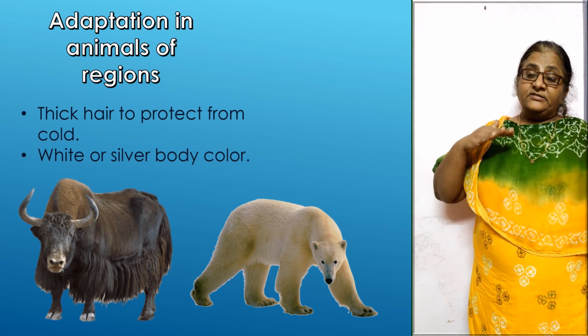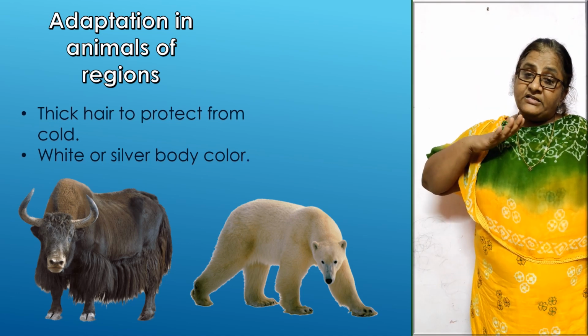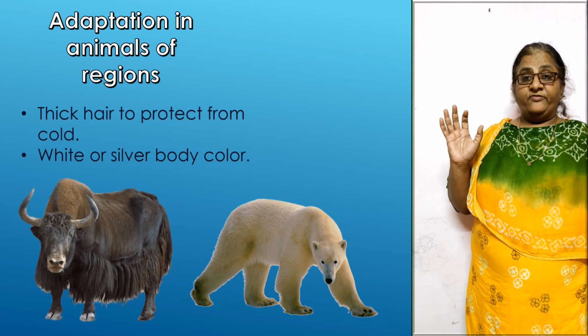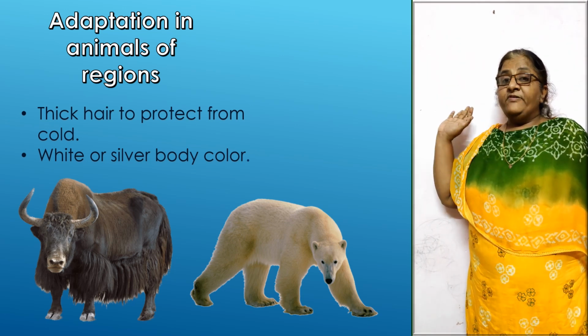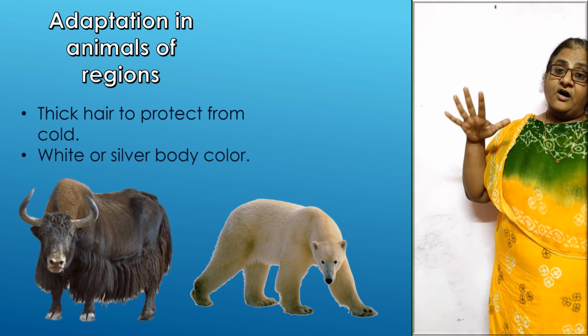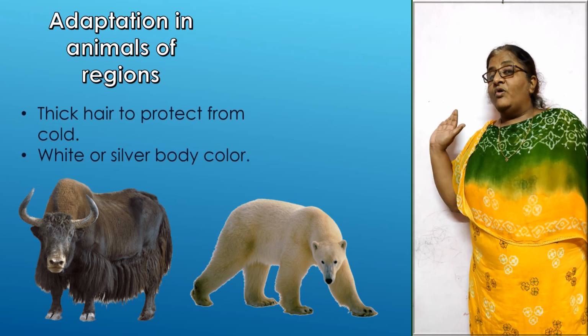The sunlight falls in that region at a wide angle, so it brings very little heat. Hence the regions are very cold. To live in such severe conditions, they have thick fur on their body which protects them from the cold.